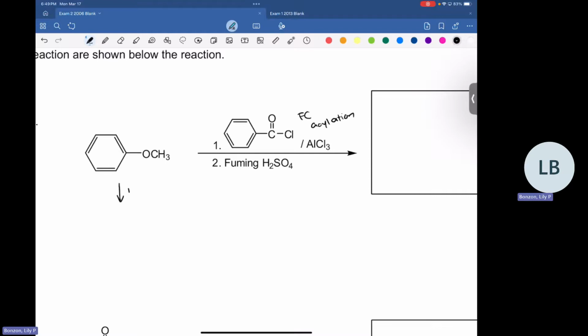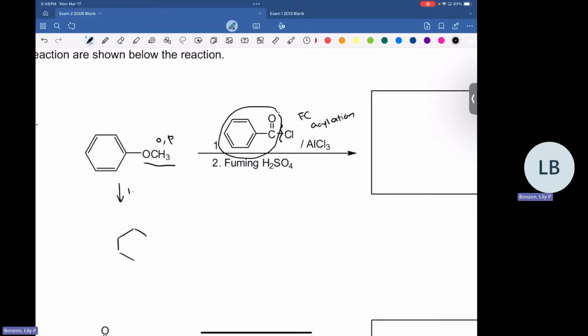So in this case, step 1, we are going to attach this part of our reagents to our starting benzene. And then OCH3 is a strong activator, and it's going to be ortho-para-directing. So we're going to put this carbonyl and benzene ortho or para to the OCH3.